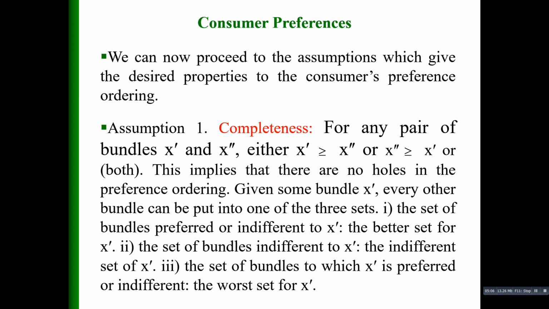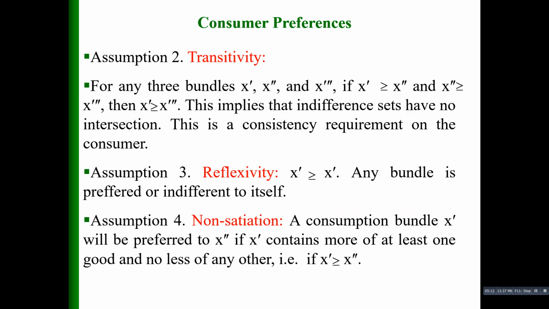Assumption number 2 is that of transitivity. For any three bundles x prime, x double prime and x triple prime, if x prime is at least as good as x double prime and x double prime is at least as good as x triple prime, then x prime is at least as good as x triple prime.